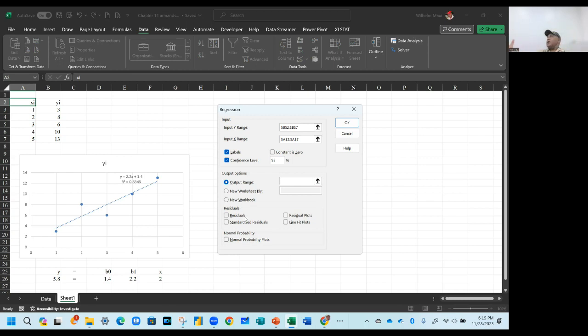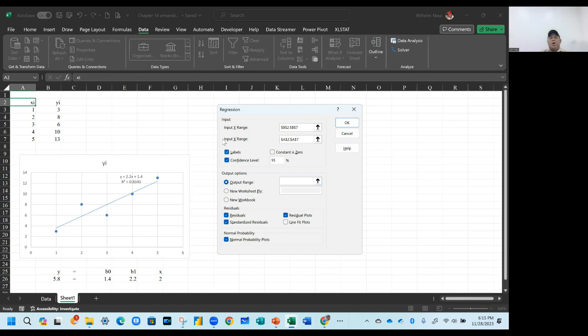When you go to homework 3, 4, 5, it's going to ask for more statistics, like the residuals, the standard residuals, and the plots that you can then use to populate your answers on the other side. So kind of stepping ahead over here.